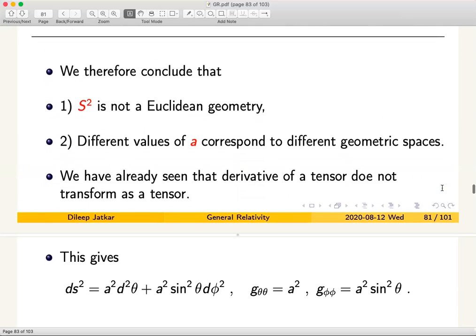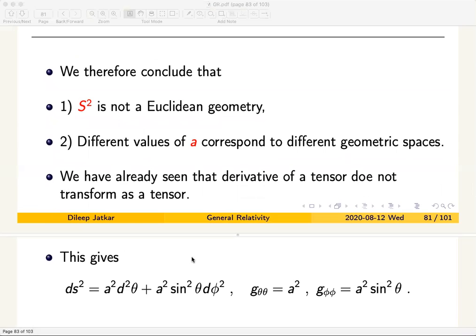Okay, so we have seen one thing already, that the derivative of a tensor does not transform like a tensor. This is the thing that we saw when we studied the derivative of the metric.